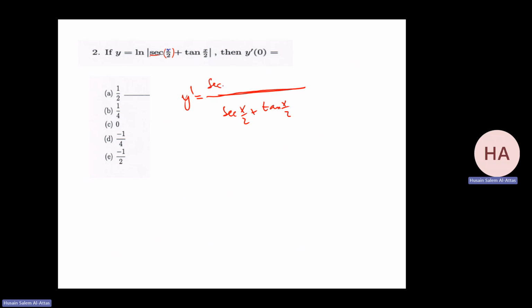So that will be secant x over 2 tan x over 2 times the derivative of u, which is half. Now, what about tan x over 2? That will be secant squared x over 2 times half. Okay, I can take half secant x over 2 as a common factor.